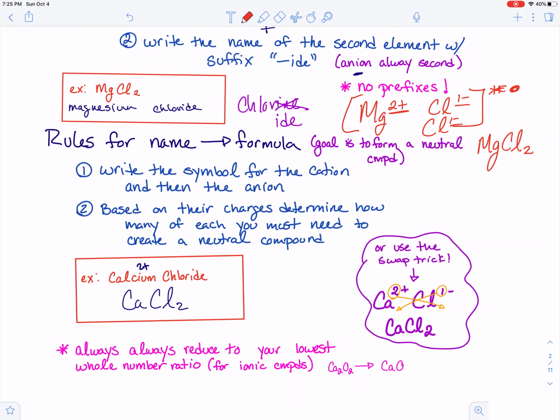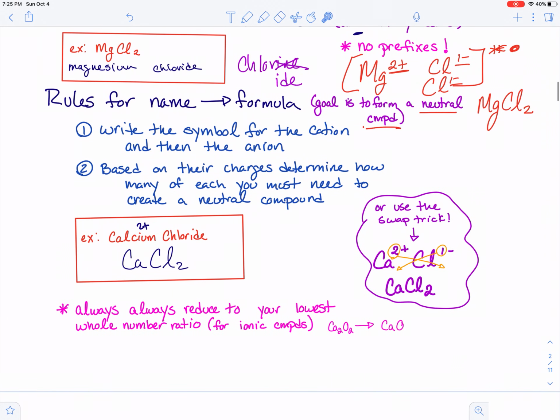And so again, the goal here is to form a neutral compound. So the first thing you're going to do is write the symbol for the cation, and then write the symbol for the anion, and then based on their charges, determine how many of each you need to create a neutral compound. So we'll do CaCl2, so calcium chloride. So calcium has a 2+ charge because it is in family 2, and again, chlorine has a 1- charge.